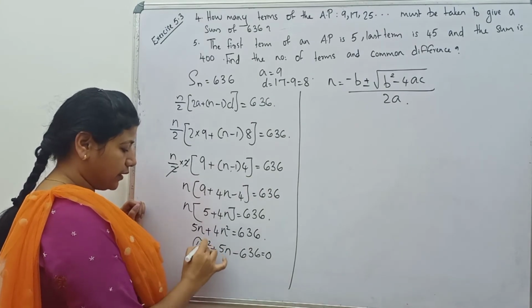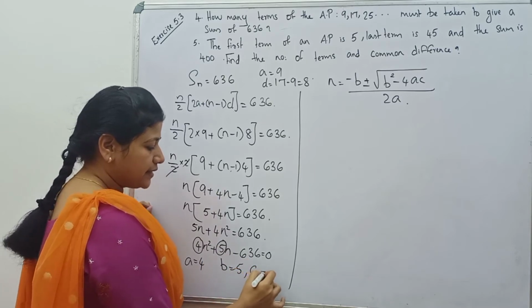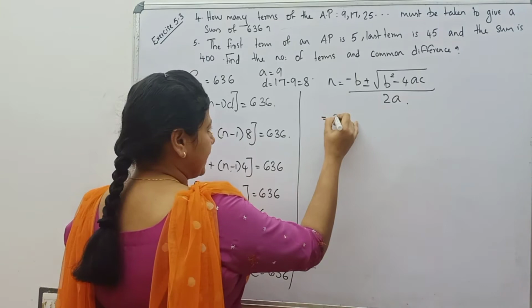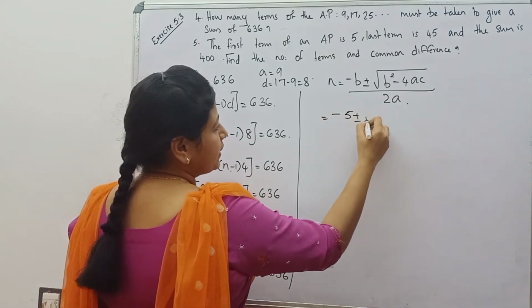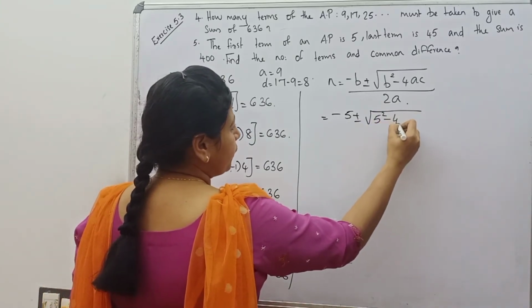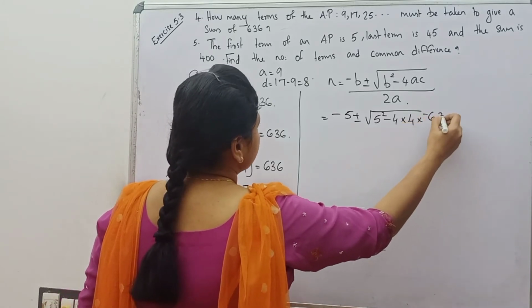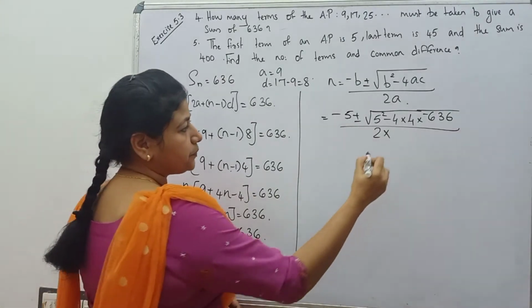The coefficient of n square. b is 5, coefficient of n, and c is negative 636. Substitute all the values, we will get negative of b is 5 plus or minus root of b square is 5 square minus 4 into a is 4 and c is negative 636, by 2 into a is 4.